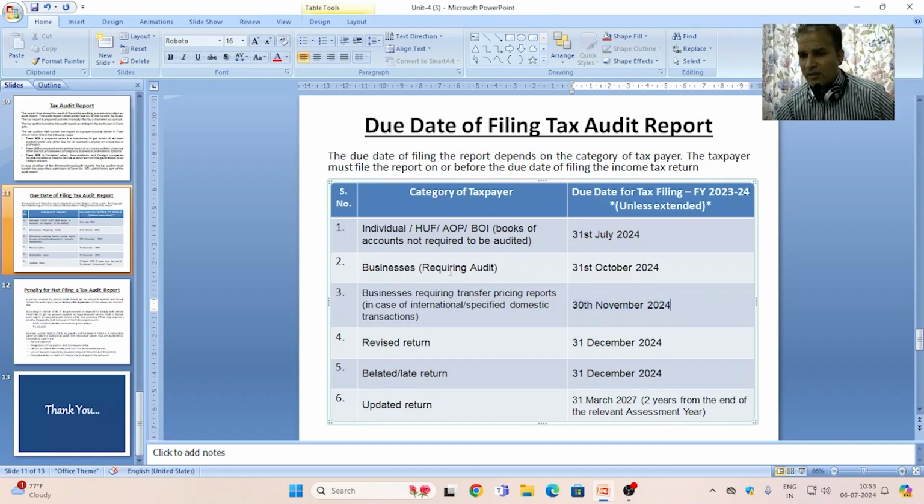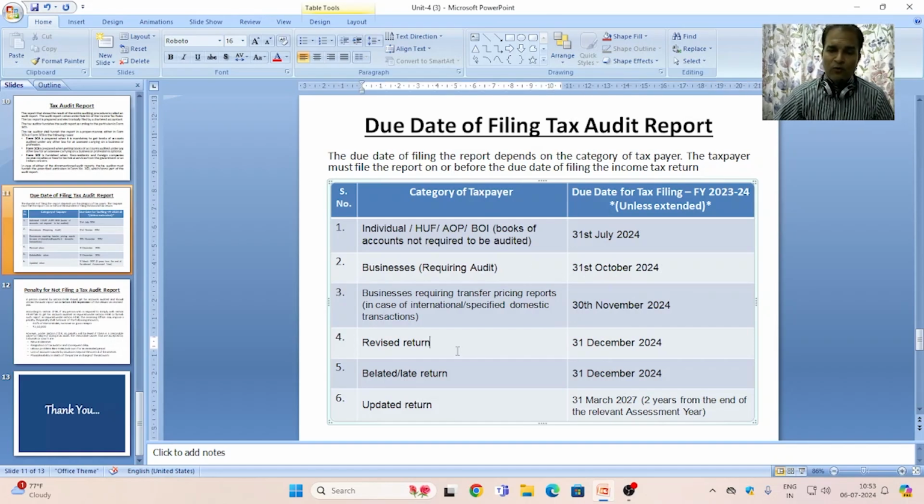In the second and third categories of taxpayer, the difference is requiring a transfer pricing report. If the business requires a transfer pricing report, then the last date is 30th November, and if only audit is required by the business, then the last date is 31st October.